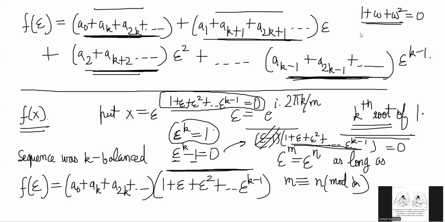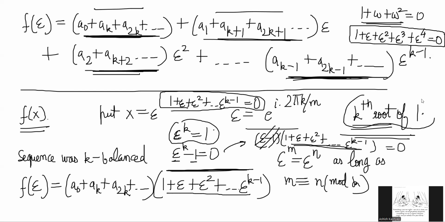If it was a fifth root of 1, you could have said 1 plus epsilon plus epsilon square plus epsilon cube plus epsilon 4 is equal to 0. So right now what we are saying is, since we took epsilon as the kth root of 1, this factor is automatically 0, no? This 1 plus epsilon till epsilon power k minus 1, right?